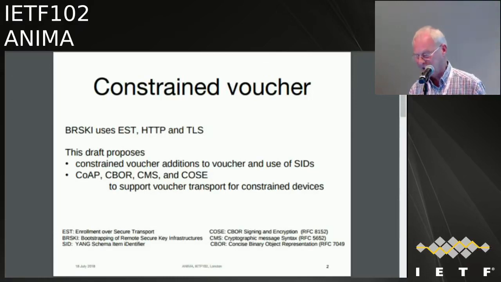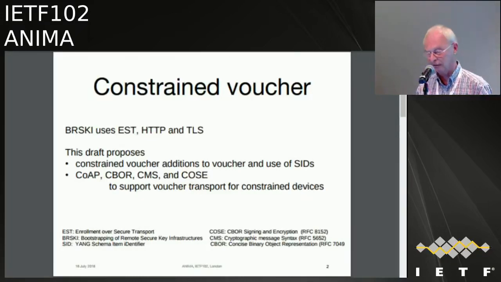What it does is make an extension to the voucher for the constraint voucher with respect to the voucher definition. In the voucher it uses YANG, and YANG has very long identifiers.